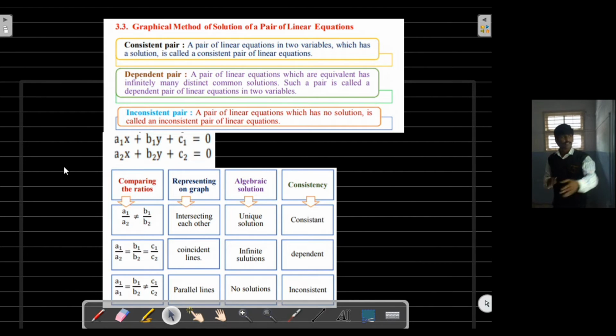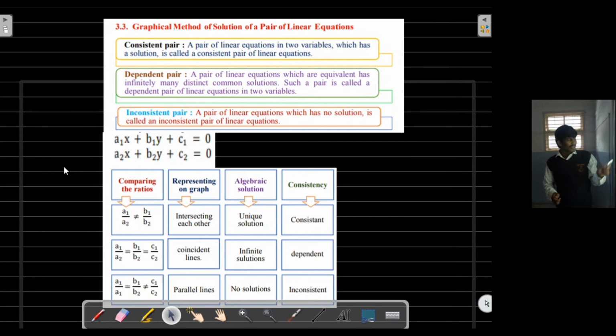That's why a pair of linear equations which are equivalent has infinitely many distinct common solutions. For both equations you get the same solutions, and such a pair is called a dependent pair of linear equations in two variables.